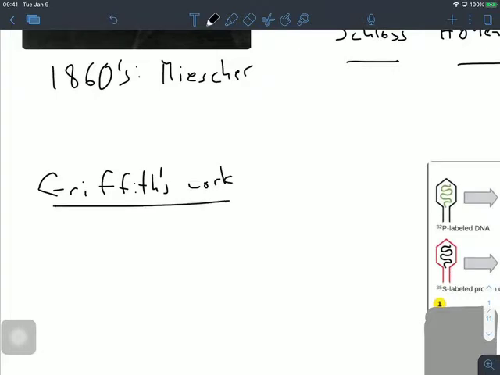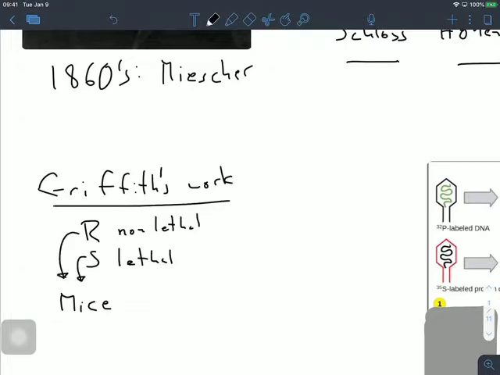The first of these investigations were called the Griffith experiments. Griffith was studying two different strains of a virus, the R strain and the S strain. The R strain was non-lethal. The S strain was lethal. Griffith would expose mice to these different viral strains.